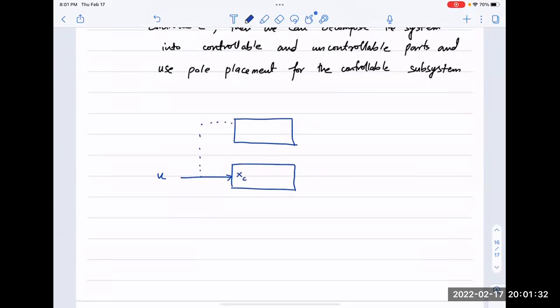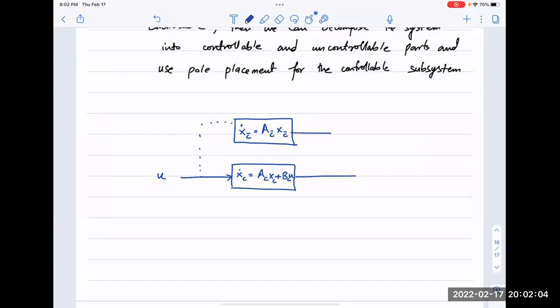So we have x controllable dot is some A controllable x controllable plus B controllable U, right? But there is also an x uncontrollable, and there's no U there, so it's only this part.